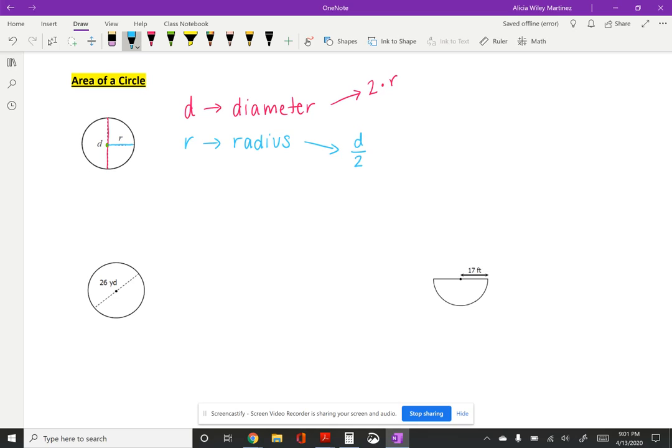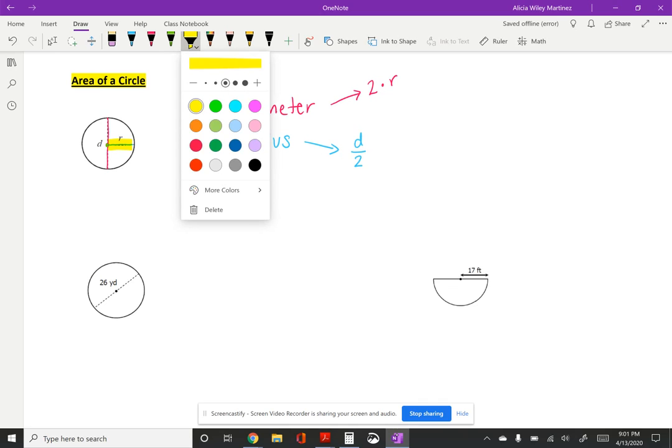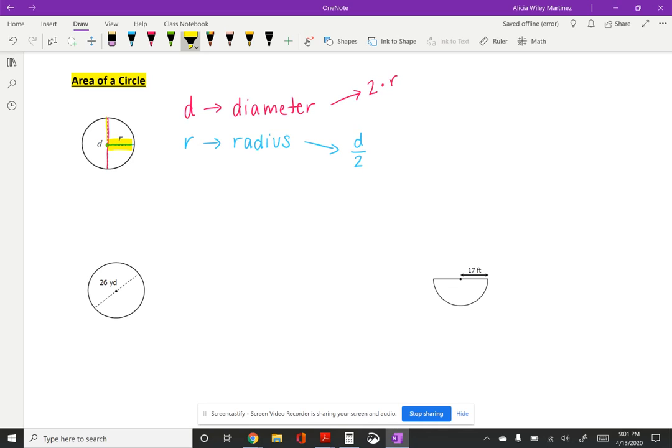So what you should know here is that this length here is the same length as here and the same length as here, right? That's important to know about the diameter and the radius: they do have a relationship.